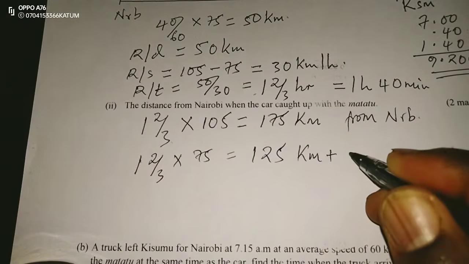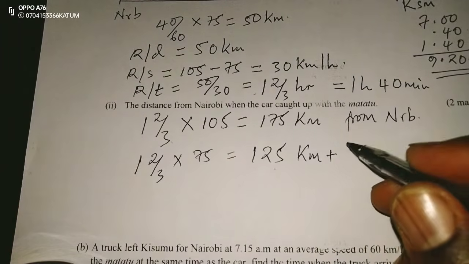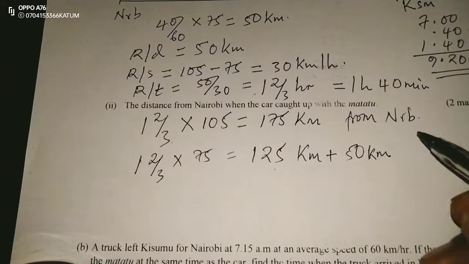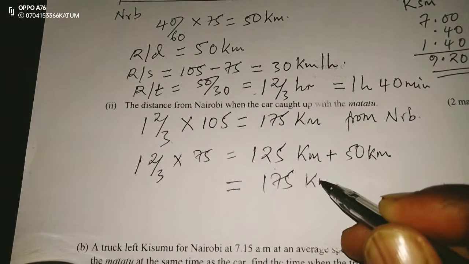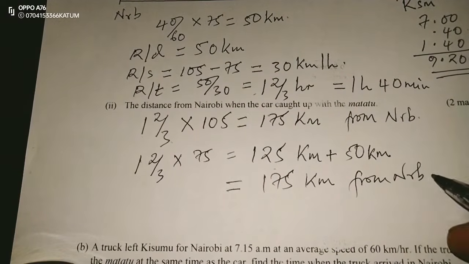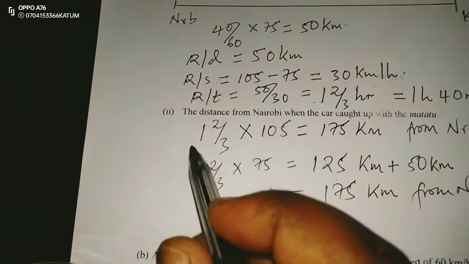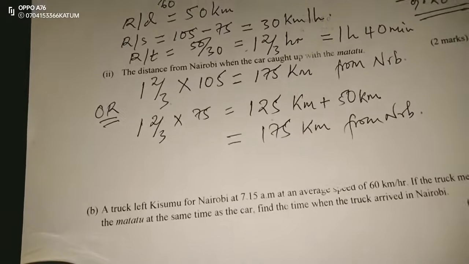But we should remember that this matatu, which is covering 125 to be caught, had already covered 50 kilometers. So the distance will eventually be 175, just like when we use the car. So from Nairobi, we will have a distance of 175. This is an alternative working, not a continuation.